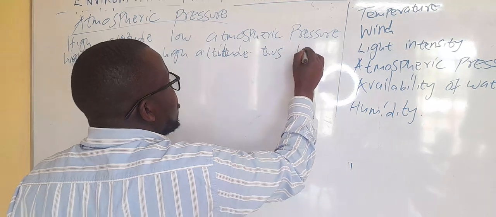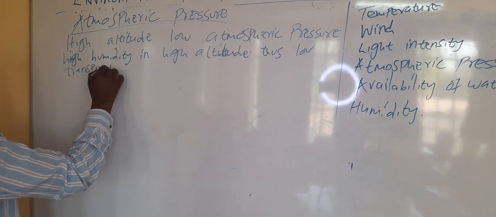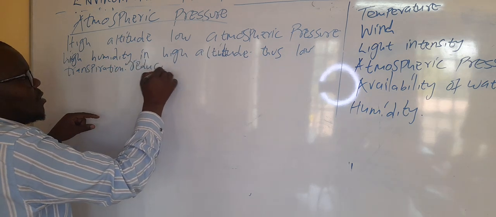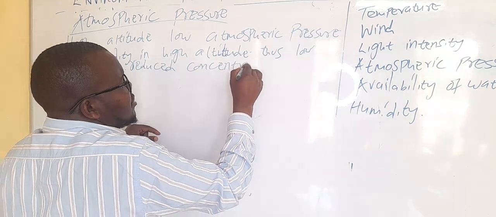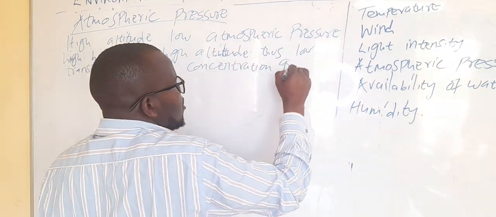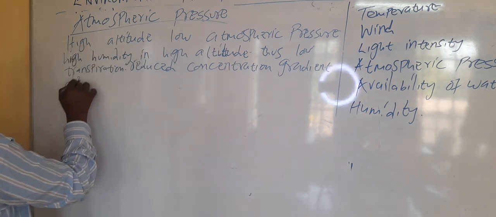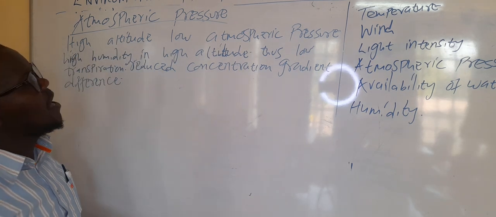Thus, low transpiration. And what's the main reason because of this one? Reduced concentration gradient difference. And it's low concentration gradient difference between which point? The inner leaf and the outer leaf.